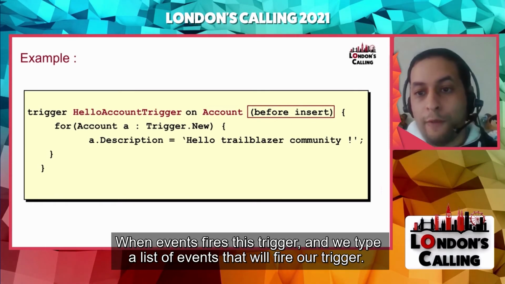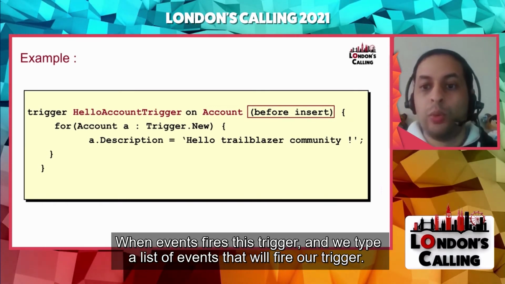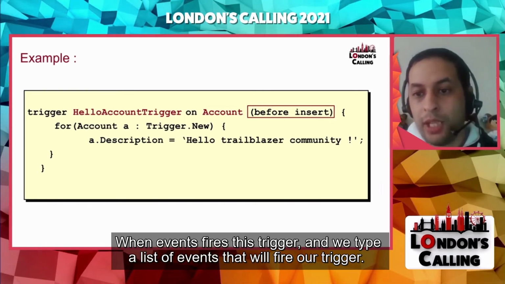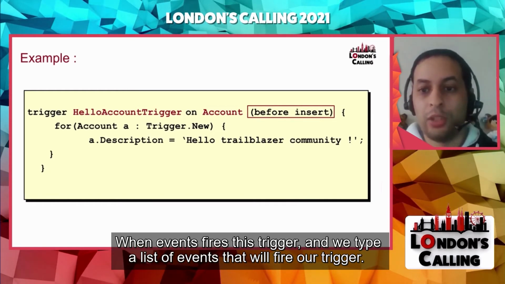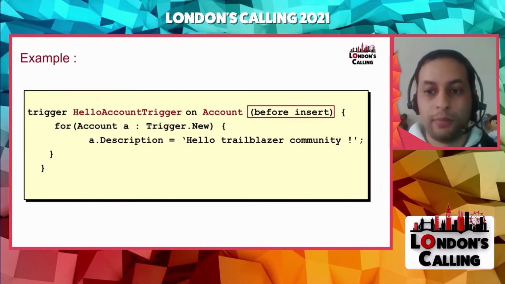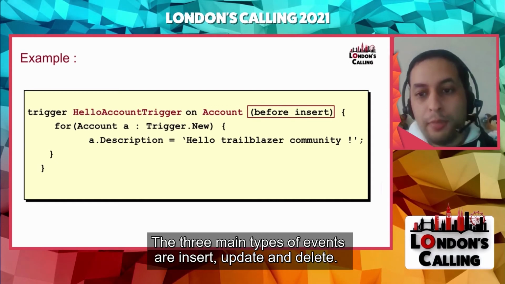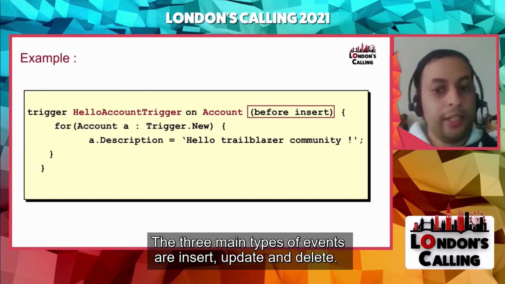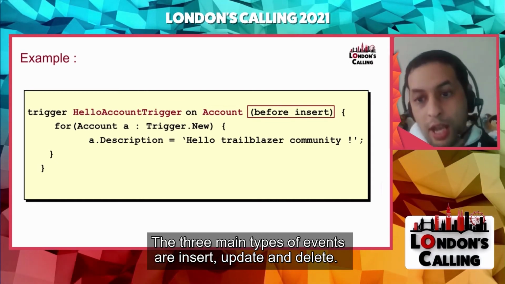To define when the event fires this trigger, we type a comma separated list of events that will fire our trigger. The three main types of events are insert, update, and delete.